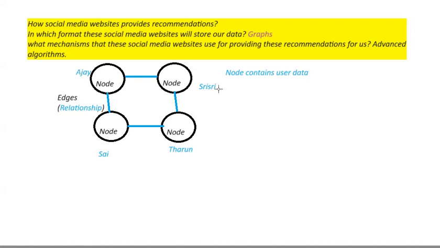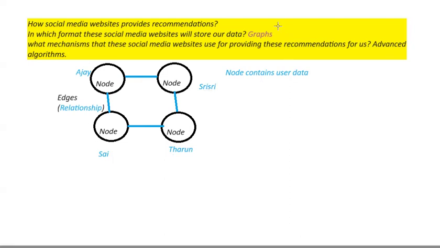Now what happens is there is a recommendation system, that is, this graph uses an advanced algorithm. It may be possible that Sai and Sri Sri are also friends, because both Ajay and Tarun have common connections, that is Sai as well as Sri Sri. Since Ajay and Tarun have a common friend Sri Sri, there might be a high probability that Sai also knows Sri Sri.